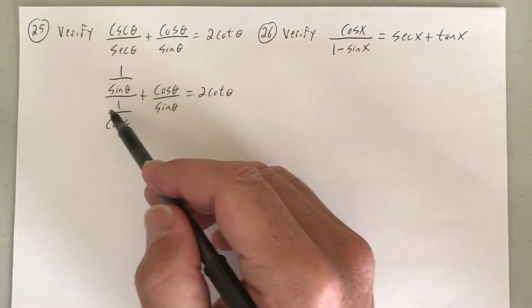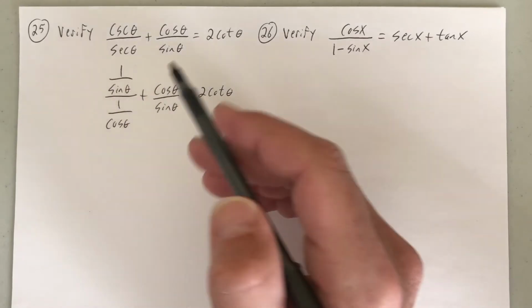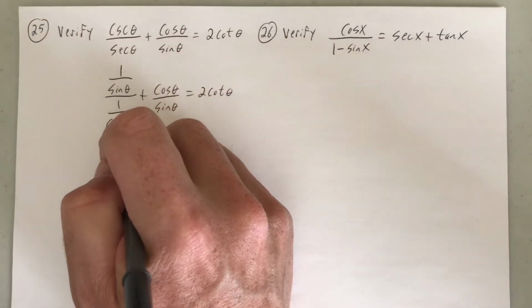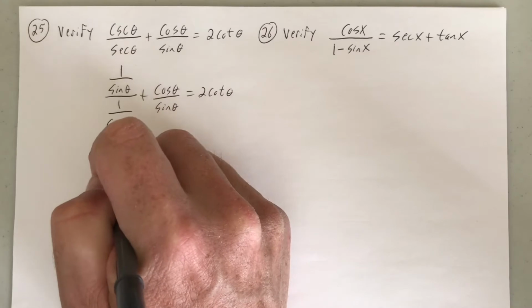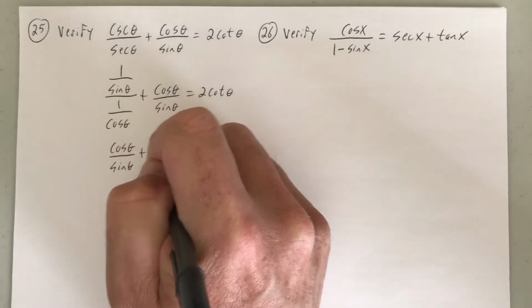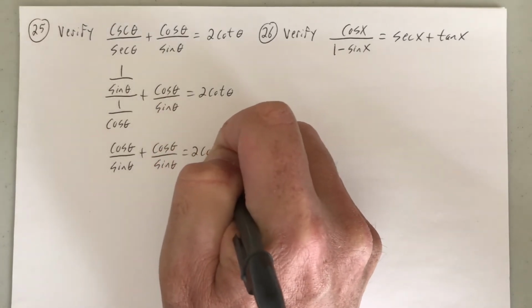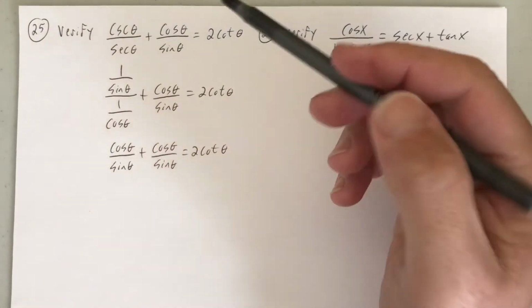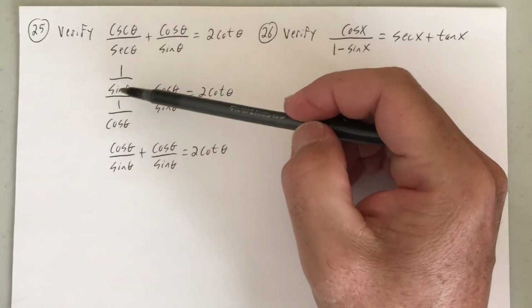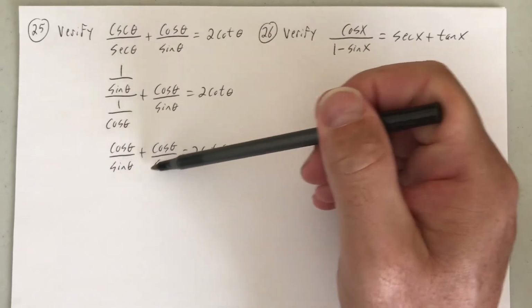Well, now, when I go ahead and simplify this, of course, I'm going to flip the bottom and multiply. That's going to give me cosine theta over sine theta plus cosine theta over sine theta, which is equal to 2 cotangent theta. Now I could kind of see that from the beginning that it would wind up being this, which of course would then give me the same thing in the bottom.